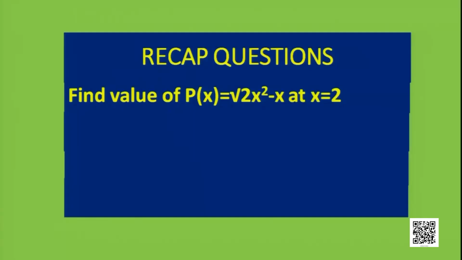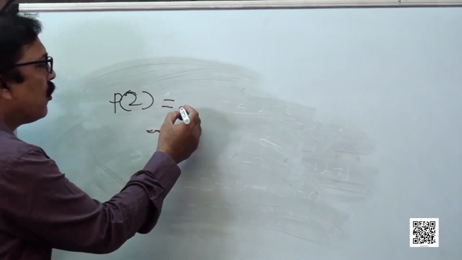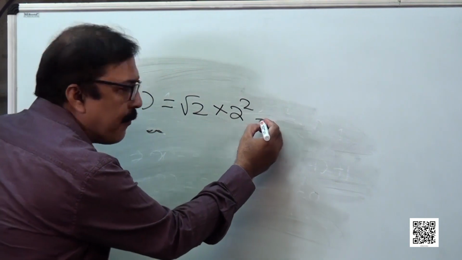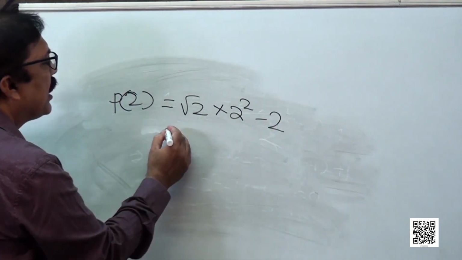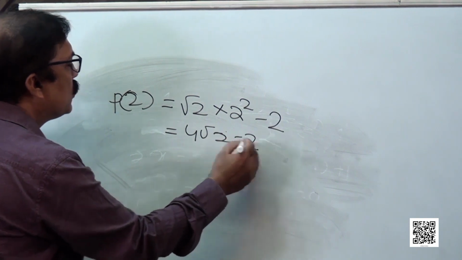Find the value of px where px is equal to root 2 x square minus x at x equal to 2. Root 2 into x square, so p2 is equal to root 2 into 2 square minus 2, that gives 4 root 2 minus 2.